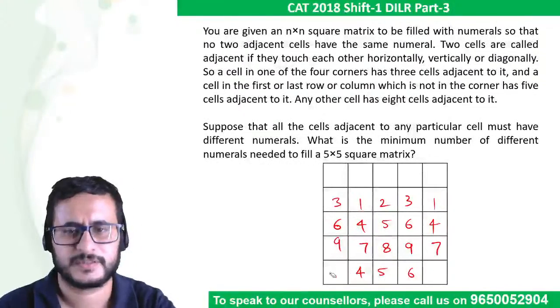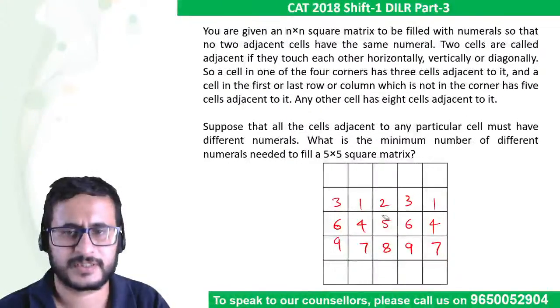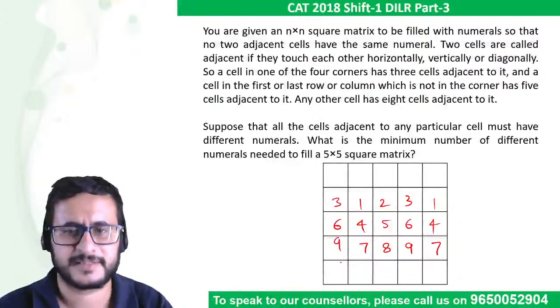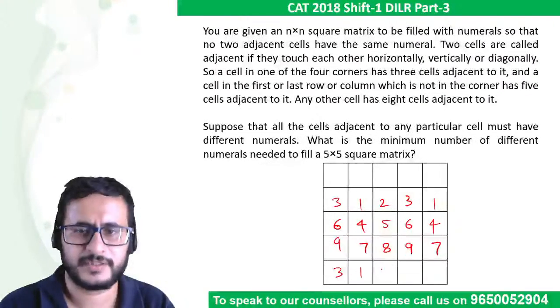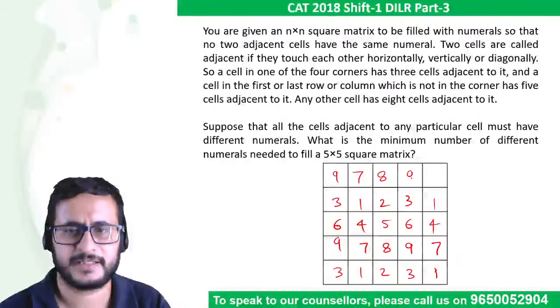Now wait. 1, 4, 7, 3, 6, 9, 1, 4, 7. Okay, so 3, 1, 2 are pending in this. So I'll put 3, 1, 2 and 3 and 1. And similarly, I can put like 9, 7, 8, 9, 7.